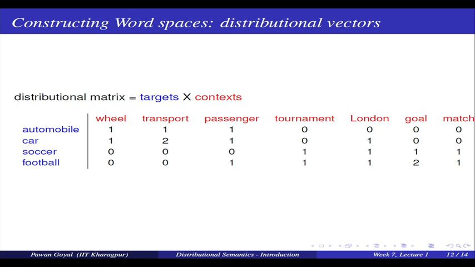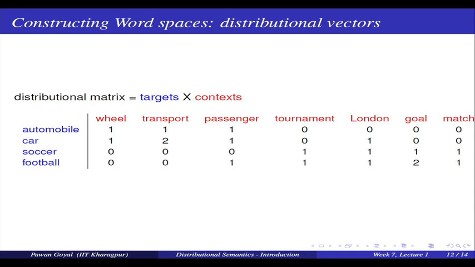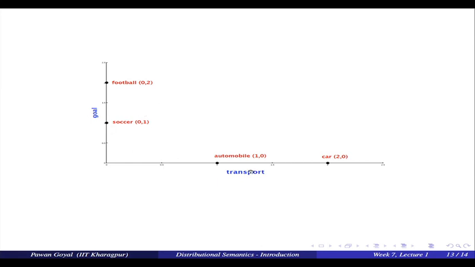Now suppose I take only 2 dimensions of the semantic space. Here I had 7 dimensions, and suppose I see only 2 dimensions. Here I am seeing goal and transport, and I am projecting all the 4 words in these dimensions. So what representation will I see? Soccer occurs with goal, not with transport.